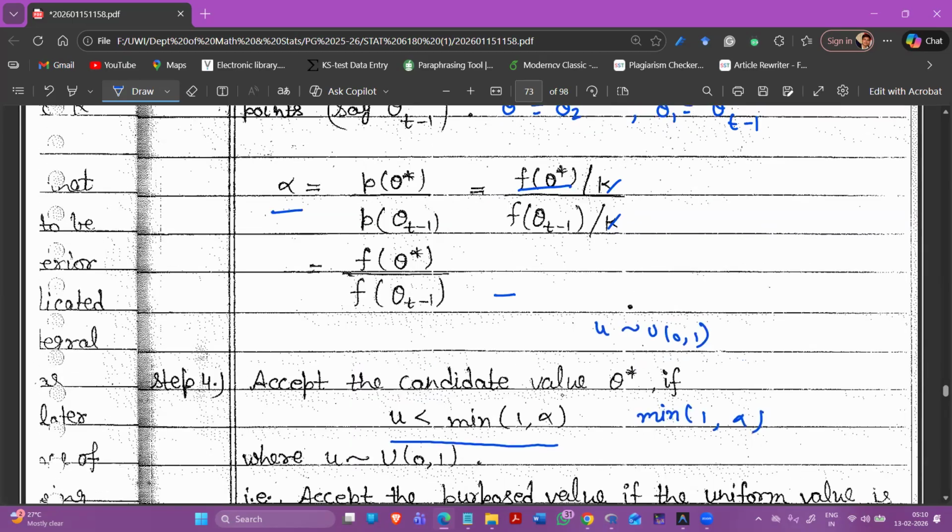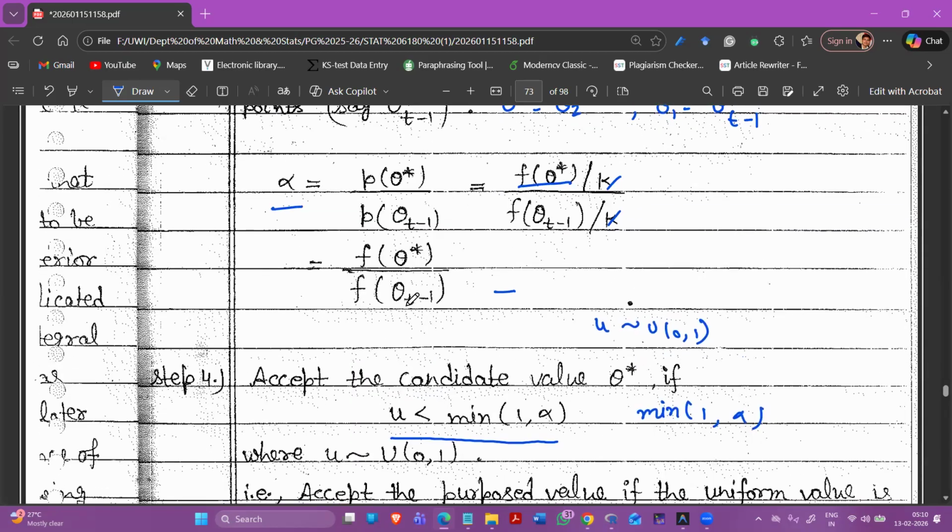Alpha is your ratio. Sorry, alpha is the ratio of the future value that you want to generate divided by the current value that you are going to put in your density.